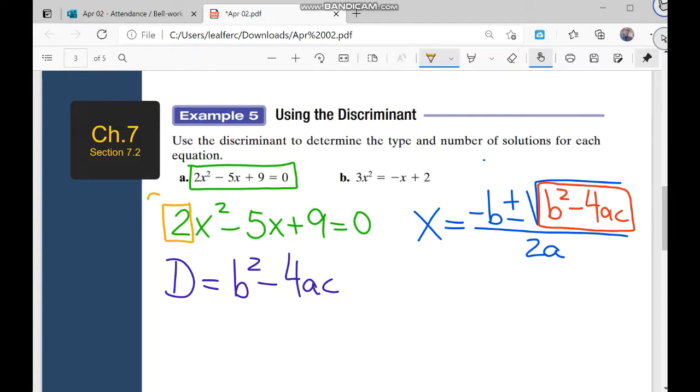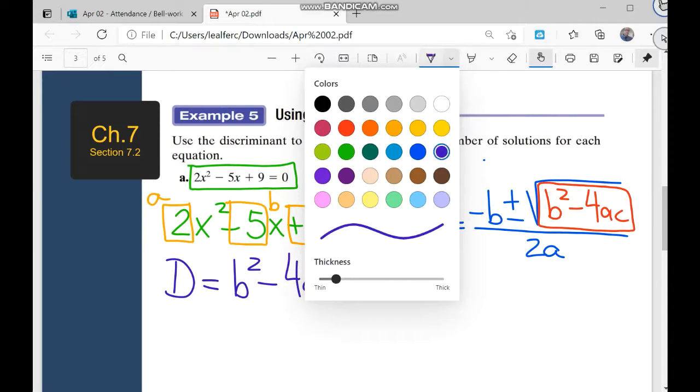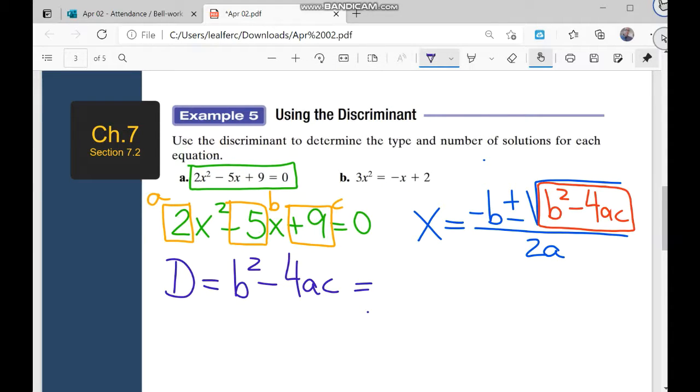A is equal to 2, b is negative 5, and c is positive 9, right? So plug into the formula. B squared, negative 5 squared, minus 4 times a, which is 2, times c, which is 9.